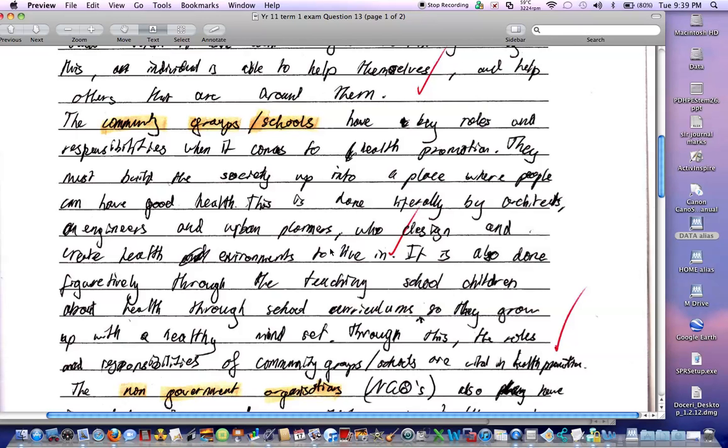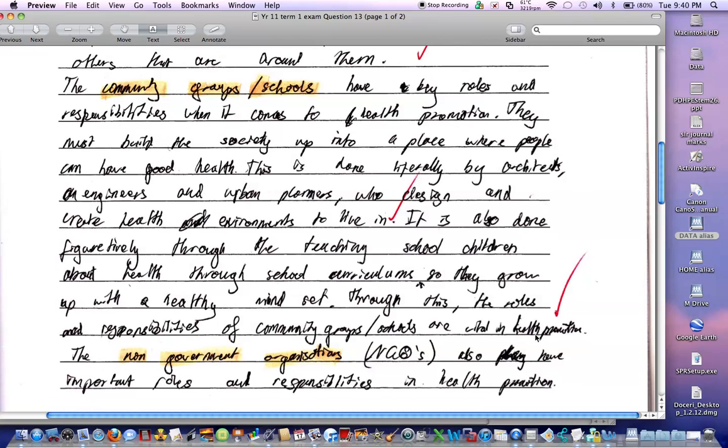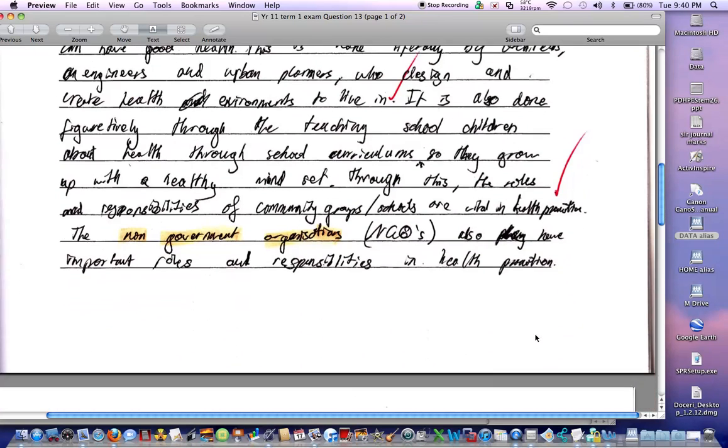It is also done figuratively through the teaching of school children about health through school curriculums, so they grow up with a healthy mindset. So he's covered both community groups with the architects, town planners and engineers, and also looked at schools, talking about the curriculum and what needs to be taught. Through this, the roles and responsibilities of community groups and schools are vital in health promotion. Coming back to what the question's asking us about.